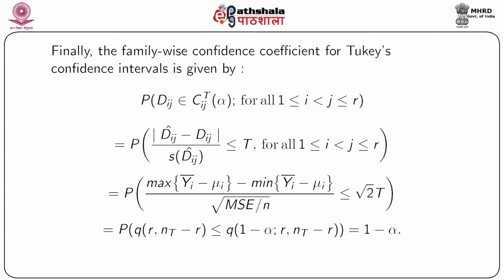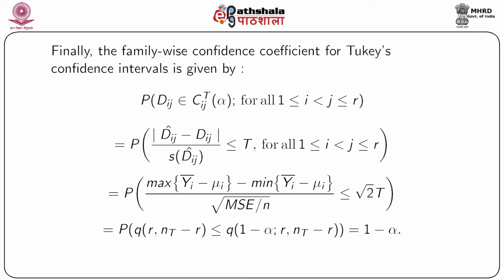Finally, the family-wise confidence coefficient for Tukey's confidence interval is given by P of dij belonging to Cij prime alpha for all ij between 1 and r, which equals the probability of the modulus of dij hat minus dij divided by S of dij hat less than or equal to t for all ij between 1 and r, which equals, by one of the facts above, the probability that the max of yi bar minus mu i minus the minimum of yi bar minus mu i, divided by the square root of MSE over n, is less than or equal to square root of 2 times t.